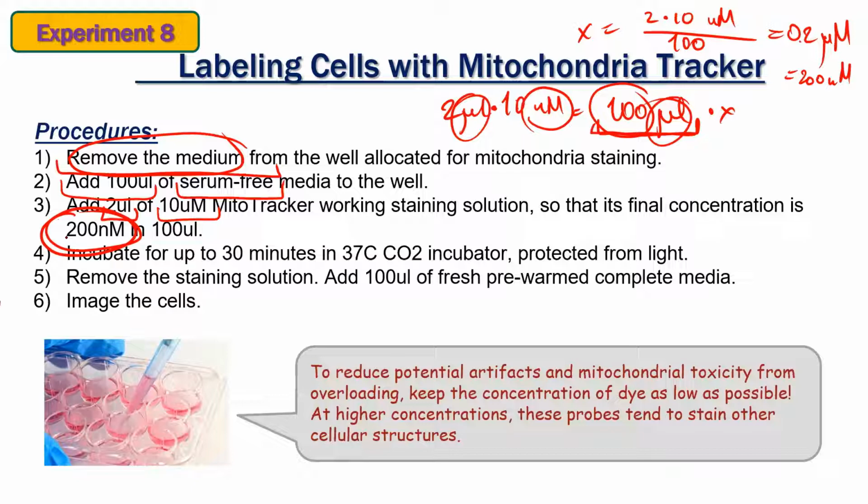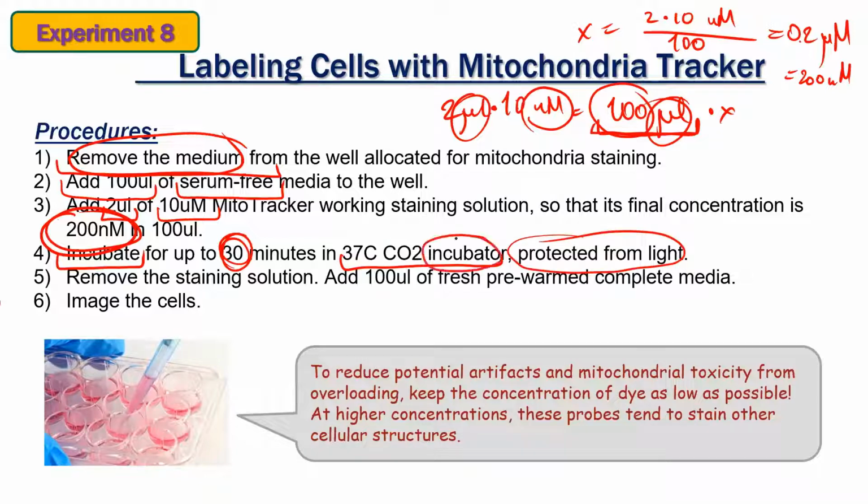Okay, so when you added this staining solution, you are going to incubate it for 30 minutes in the incubator. Why? Because your cells are alive and you don't want to kill them at room temperature. So you keep them protected from light.